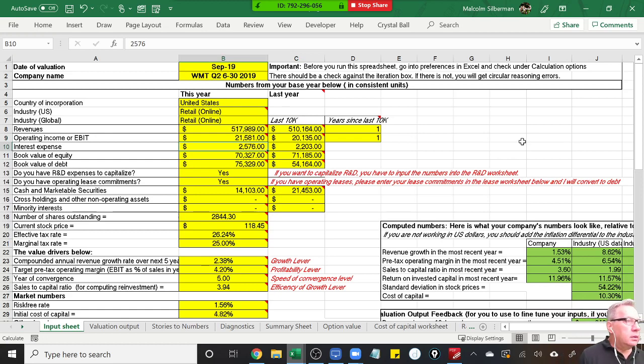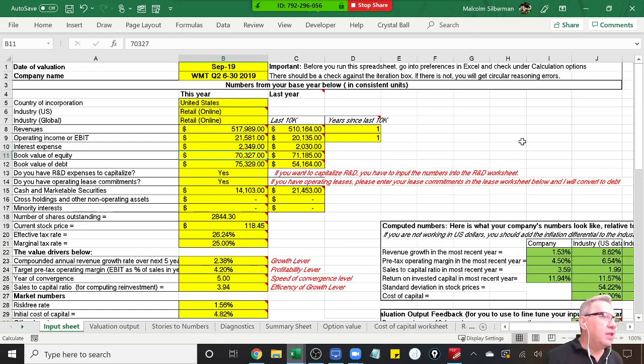Interest expense is 2349. And the interest expense last 12 months minus 1, 2030. Book value of equity. Book value of equity in what, last 10K?